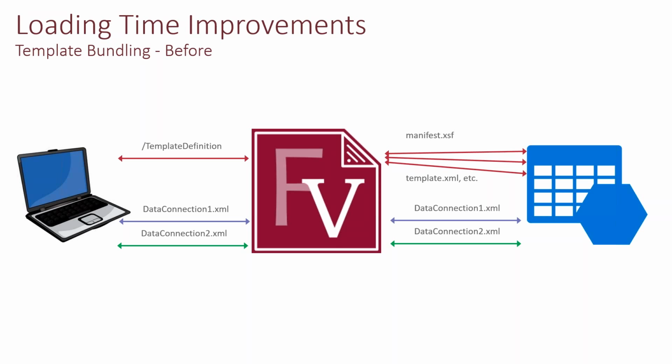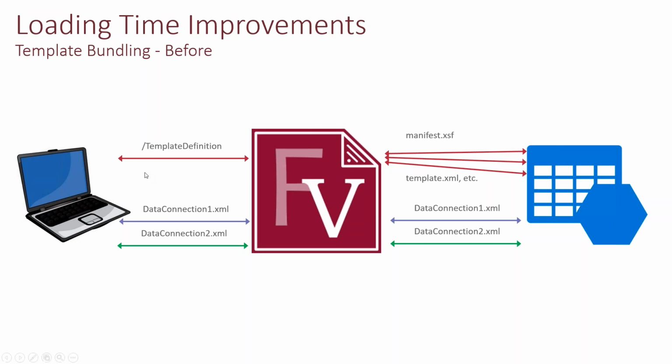If you're querying any XML files on load, it'll get those as part of the definition. So right now, what that involves is you can see here your browser queries the backend server, and then that server goes off to Azure storage and retrieves each of those files, bundles them together, and then sends them back to your browser.